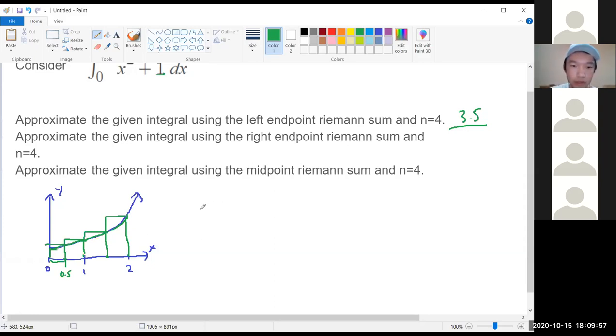Okay, so the area using right endpoint is going to be 0.5. And then how would you find the first height? At this rectangle here.